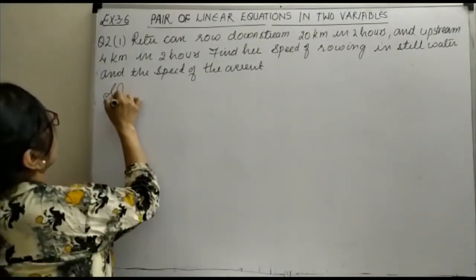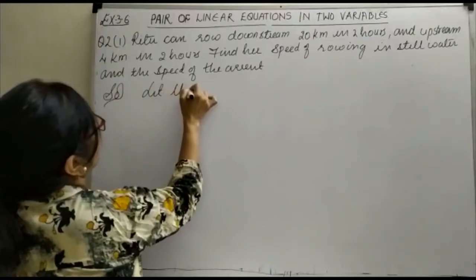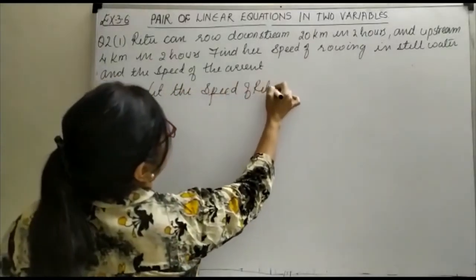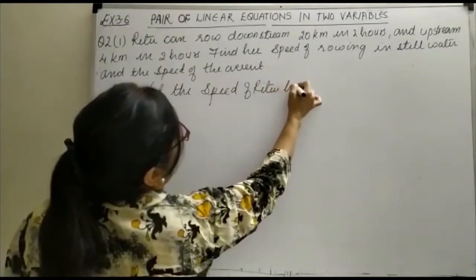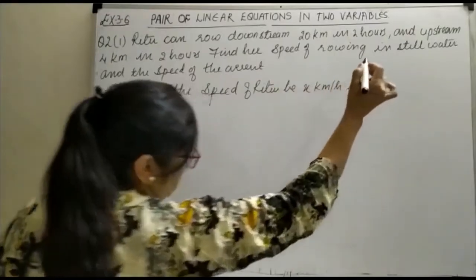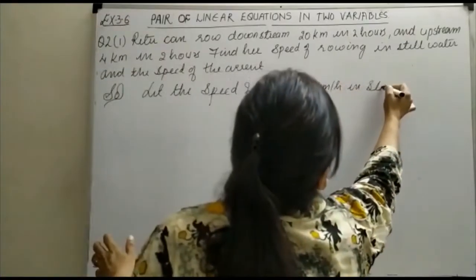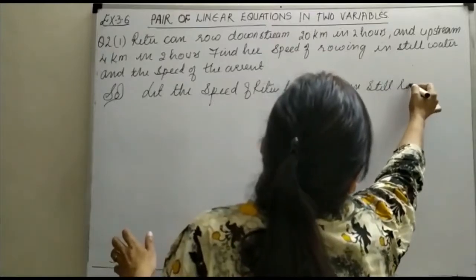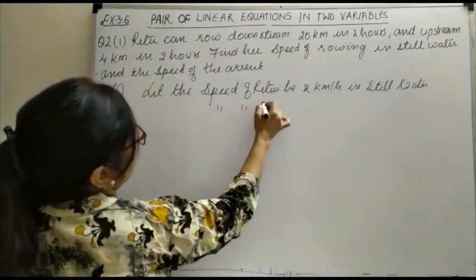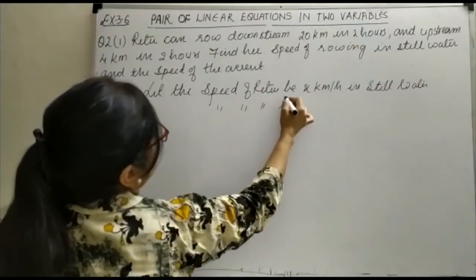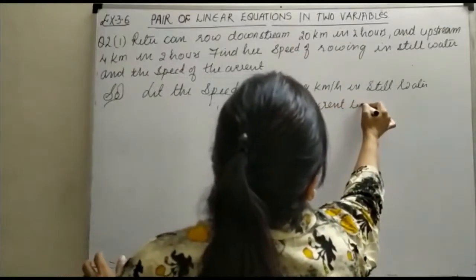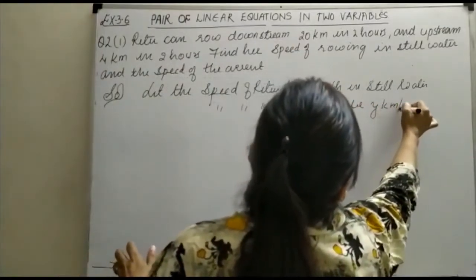Your solution will be, let the speed of Ritu's be x kilometer per hour in still water, and speed of Ritu in current be y kilometer per hour.